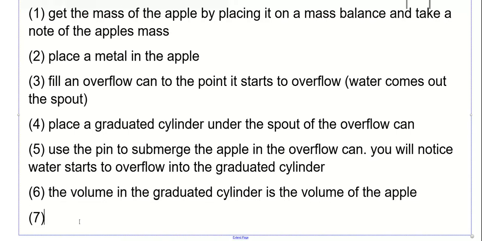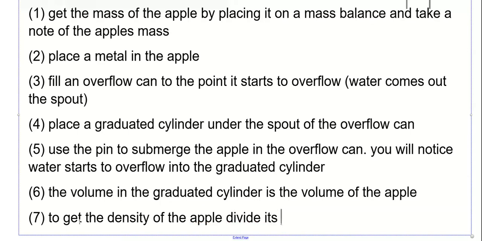Part 7. To get the density of the apple, divide its mass by its volume. And you're done. Okay.